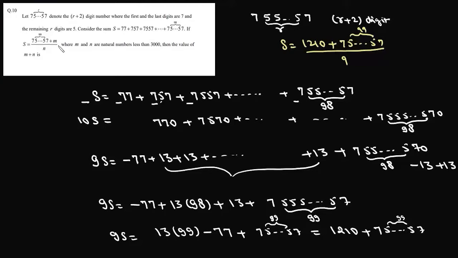Now we have put it in this form. Now this is your m and that's your n. We need to find the value of m plus n. So the value of m plus n is 1210 plus 9, so there will be 1219, and that is the answer to this question.